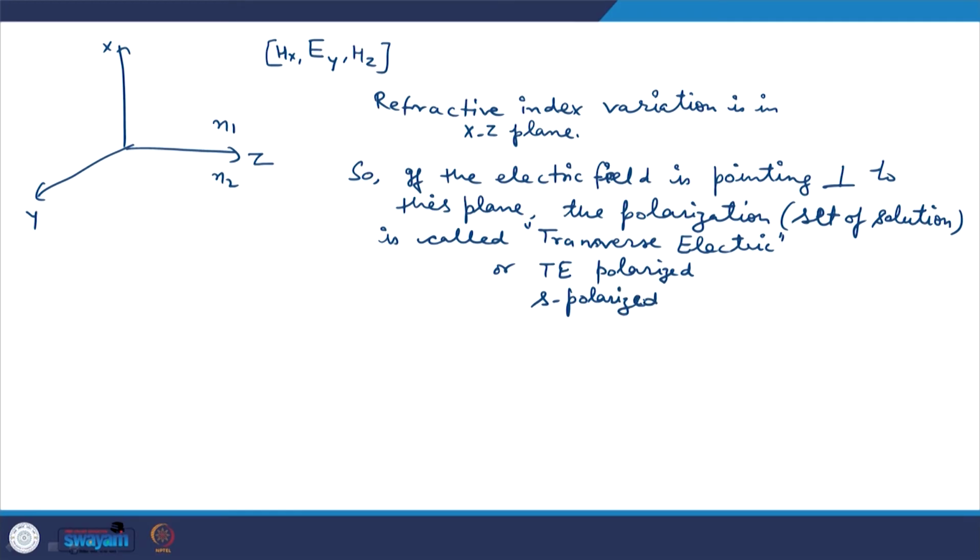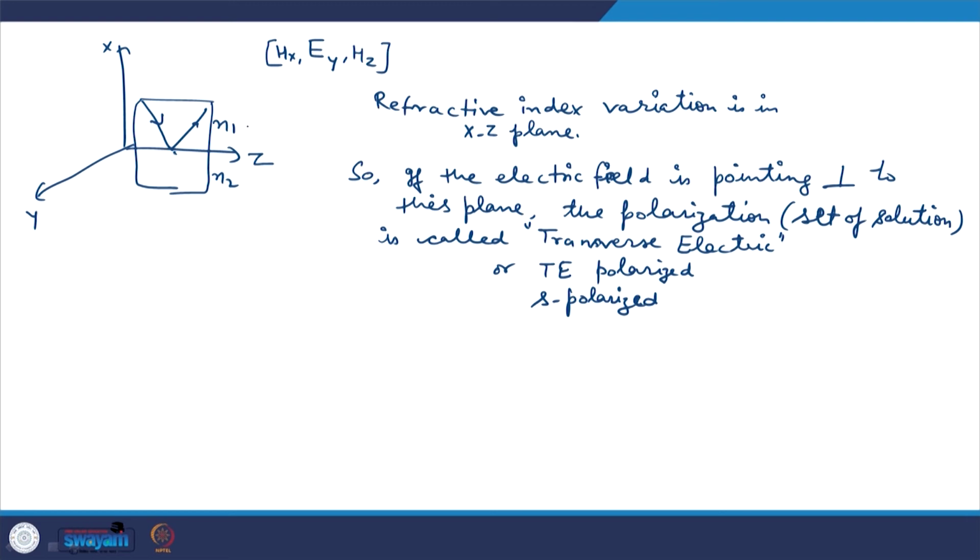So, you have this configuration where the incident ray and reflected ray are in one plane such that this plane intersects the interface and sees the change in refractive index. Then if the electric field is perpendicular in one set of solutions, it is called transverse electric.